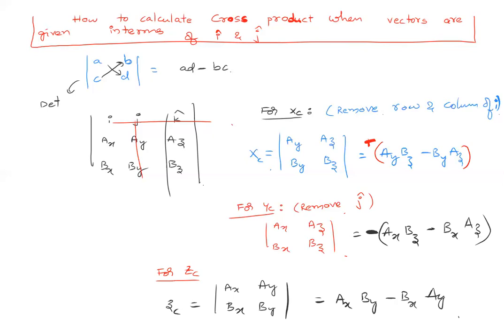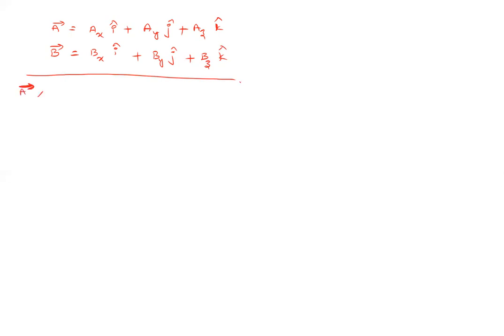So finally, I'll write everything in one place. If you have a vector a bar equal to ax i cap plus ay j cap plus az k cap, and one more vector b bar equal to bx i cap plus by j cap plus bz k cap, and you are doing the cross product a bar cross b bar, you have to calculate the determinant of i cap, j cap, k cap.